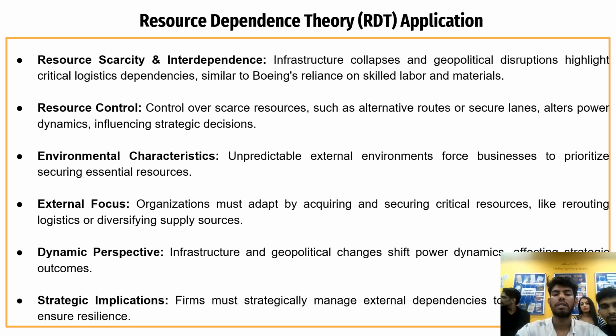For instance, the collapse of the bridge exposed critical logistical dependence, such as the reliance on a single infrastructure route for food distribution. Similarly, Boeing's challenges illustrate how dependence on skilled labor or critical material can disrupt production when these resources are limited or delayed.